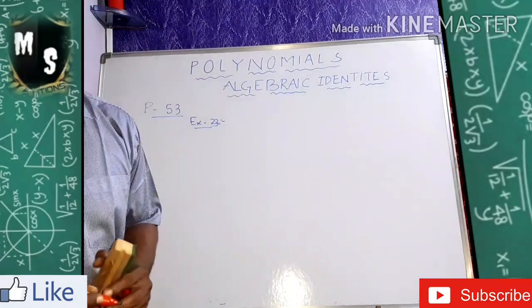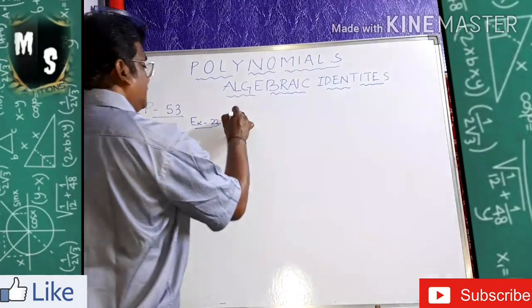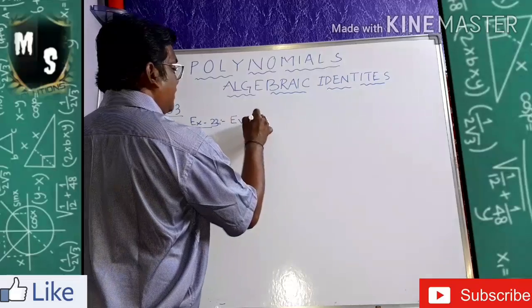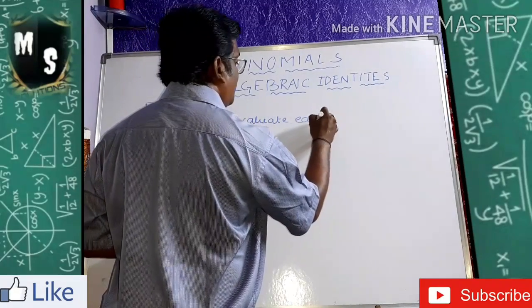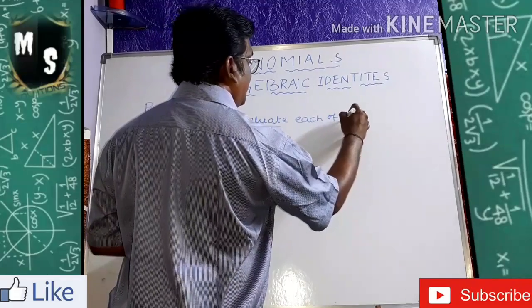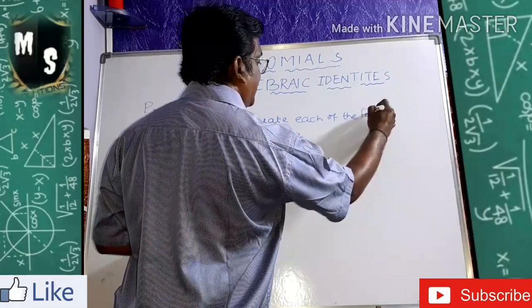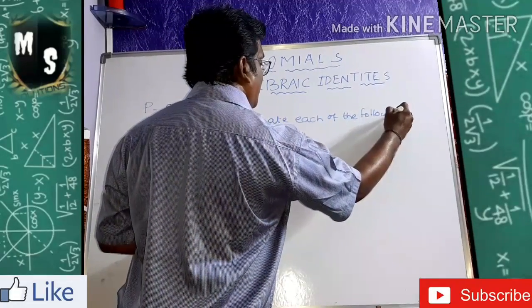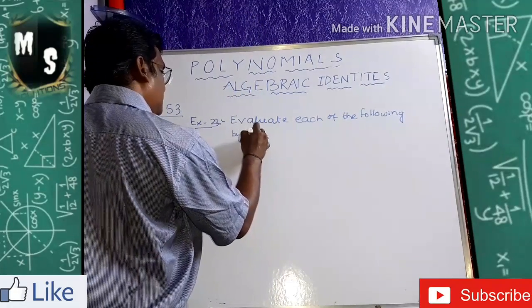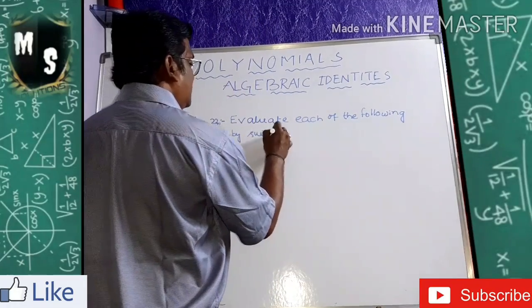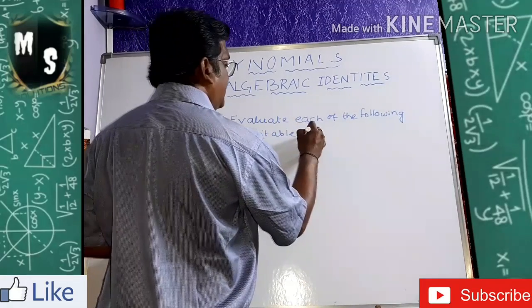Evaluate each of the following by suitable identities. You are going to write: evaluate each of the following by suitable identities.